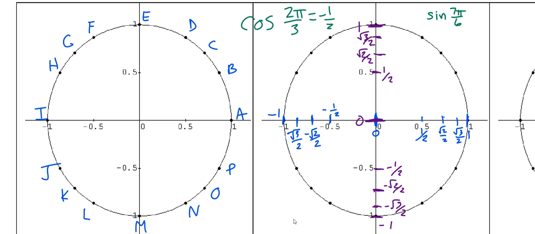So what's the y value? Negative 1/2. Look, if you know where 7 pi over 6 is, and you know it's a y value, your answer's right there. Right? Y value, negative 1/2. It sure isn't negative radical 2 over 2. It's not negative radical 3 over 2. It's definitely not negative 1.